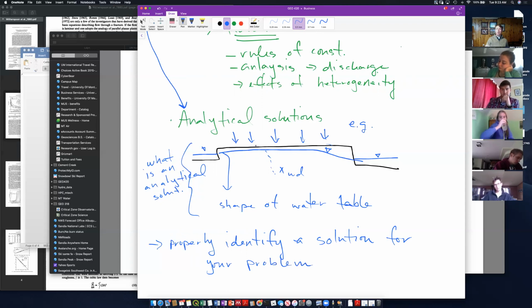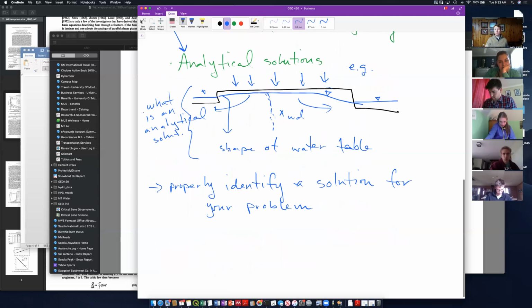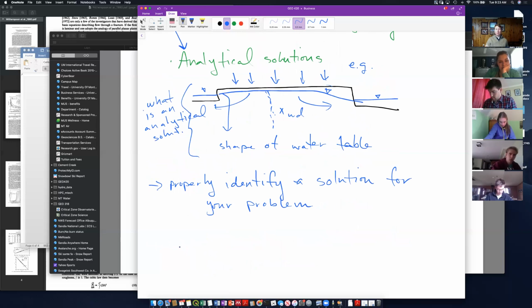An example might be: I might ask you to find the water table divide here, because I want to know whether contamination is going to this river or to this river. Well, we had another analytical solution that described the propagation of the head change: if I change the river stage here, how does that move out into the aquifer?